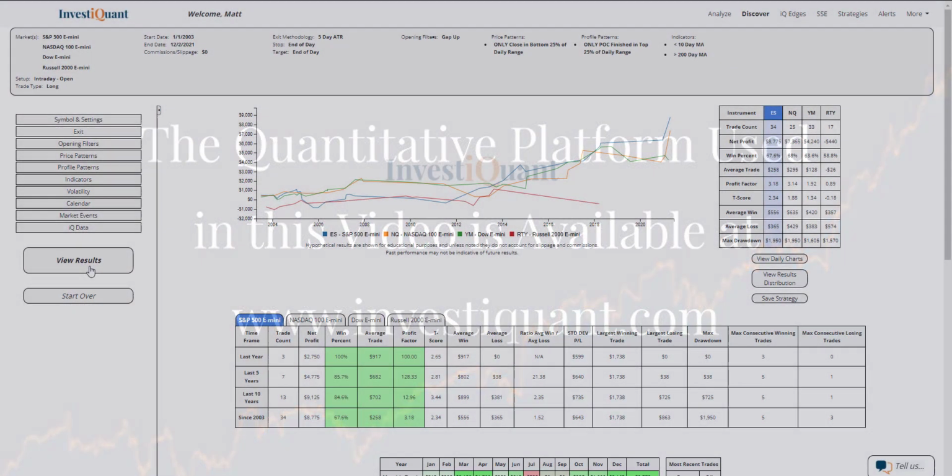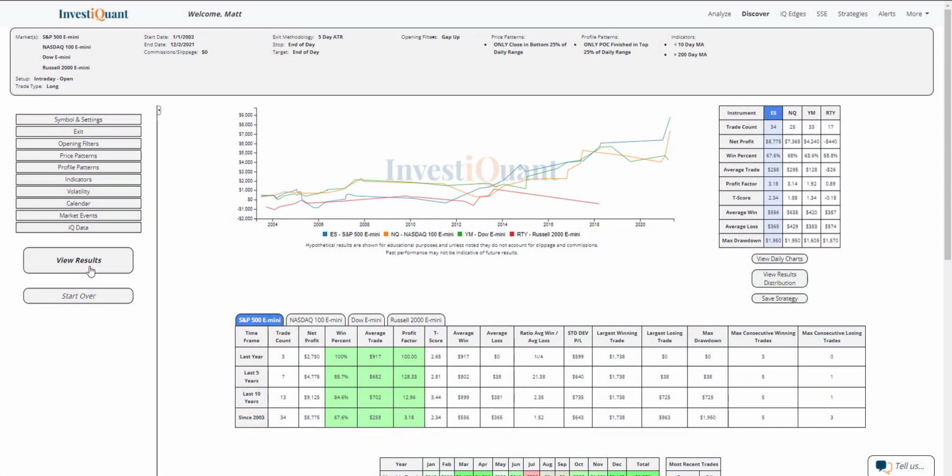These are the results based upon entering the market long at 9:30 a.m. Eastern Time, exiting at 4:15 p.m. Eastern Time, when you gap up and the prior day closed near the lows of the session. However, the price that was traded the most was in the top 25% of the daily trading range.